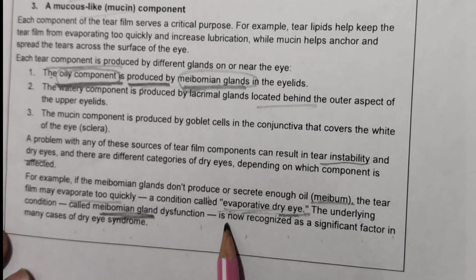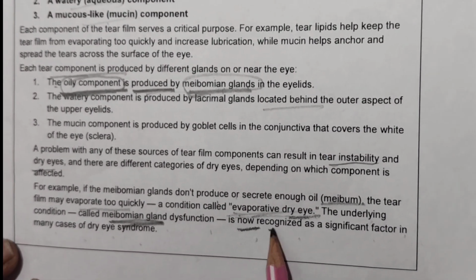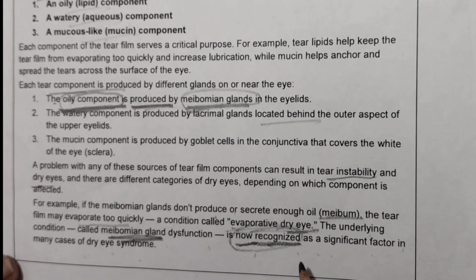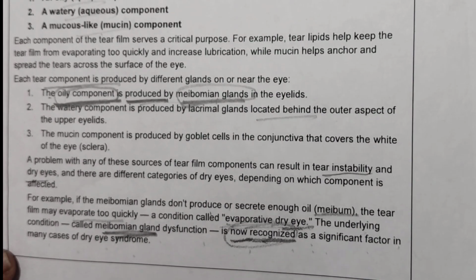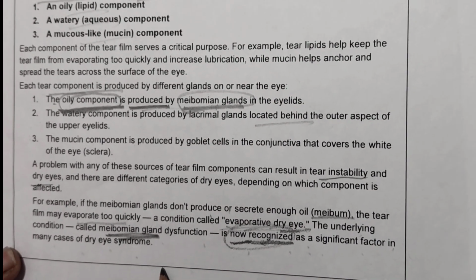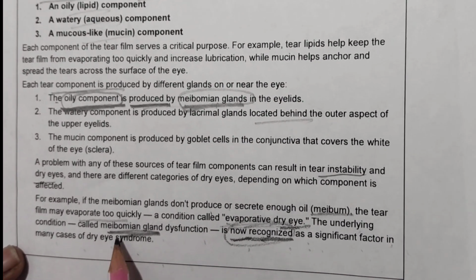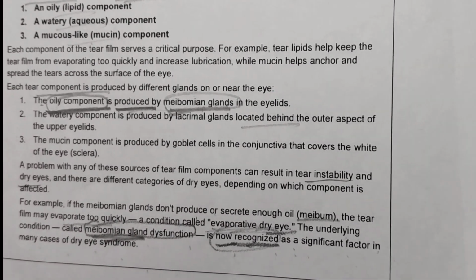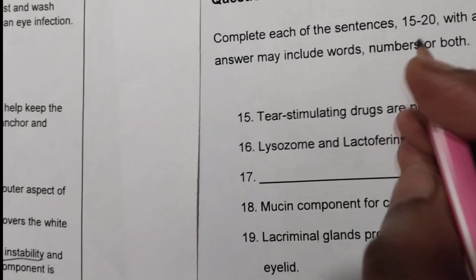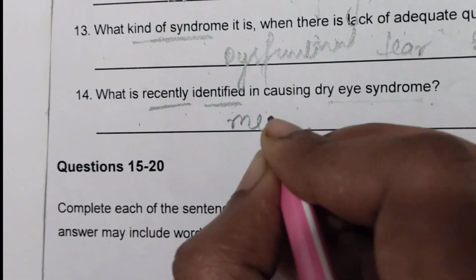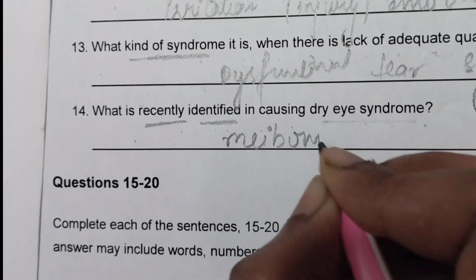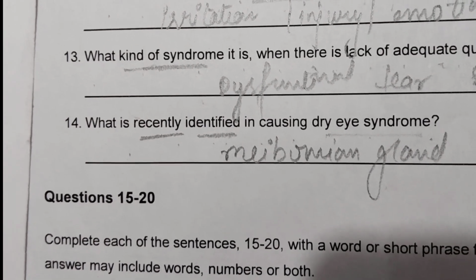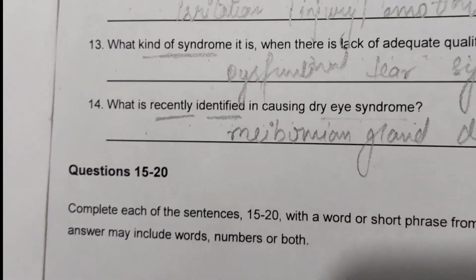So recently means now, identify means recognize. So see, these all are the synonyms we used. So that's why we can directly go here. So the answer for this is meibomian gland dysfunction. Directly pick this answer and write it over here. Okay, meibomian gland dysfunction.